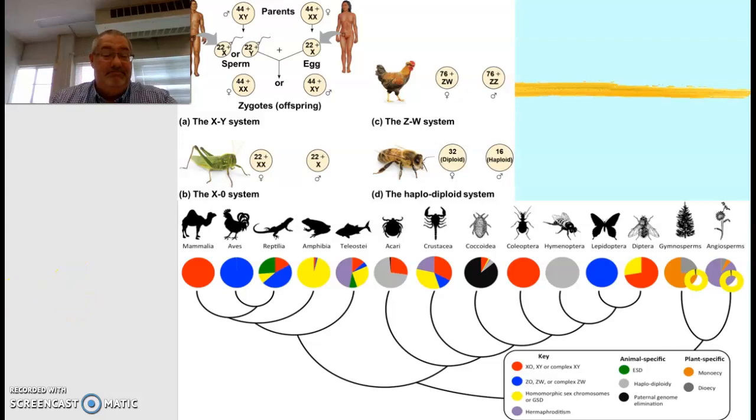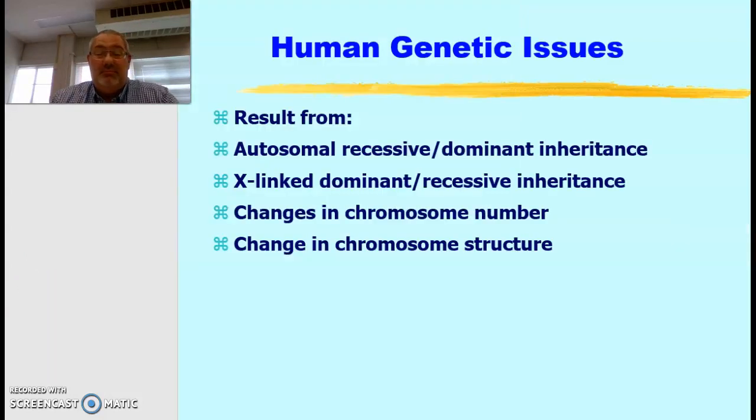We end up the first video here talking about human genetic issues that can result from either some sort of inheritance pattern from an autosome, one of the body chromosomes, or from some type of X-linked pattern of inheritance, one of the sex chromosomes.